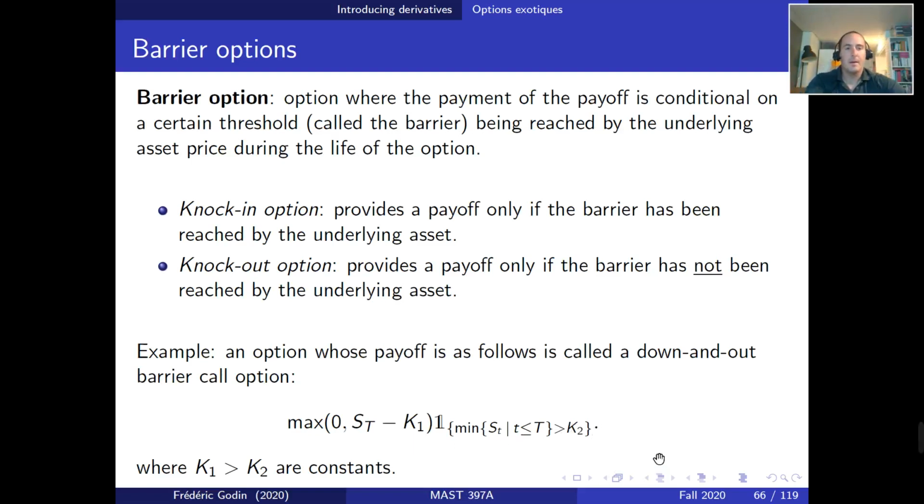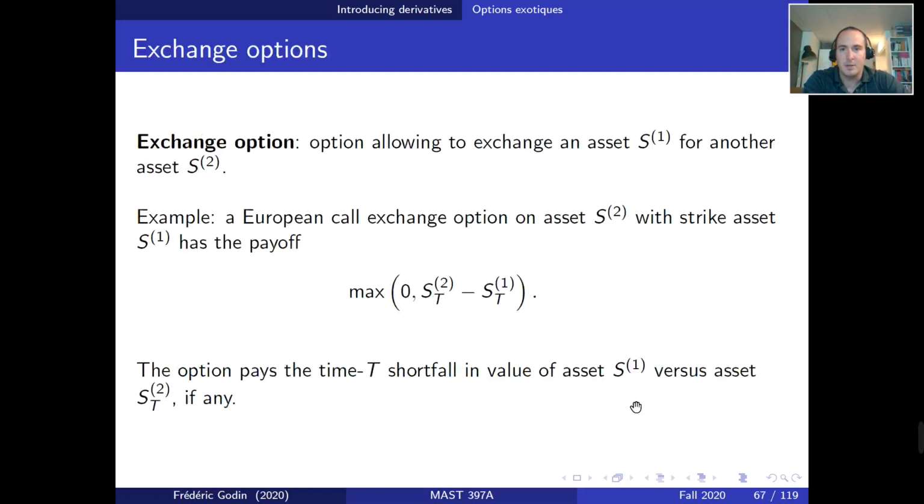So basically there are two thresholds, K2 and K1. If at some point of the life of the option, the underlying asset price touches K2 or reaches this threshold, then the option will provide no payoff. But if it remains over K2, then it will provide a payoff provided that the option is exercised, so provided that the option ends up above the K1 threshold. So this is called a down and out barrier call option.